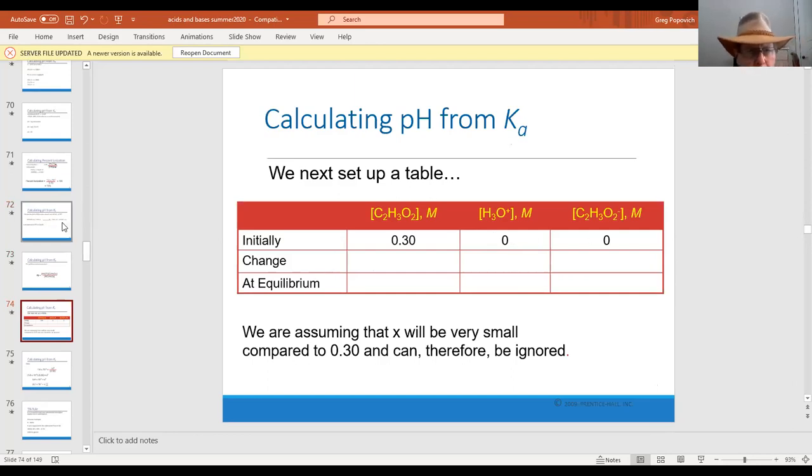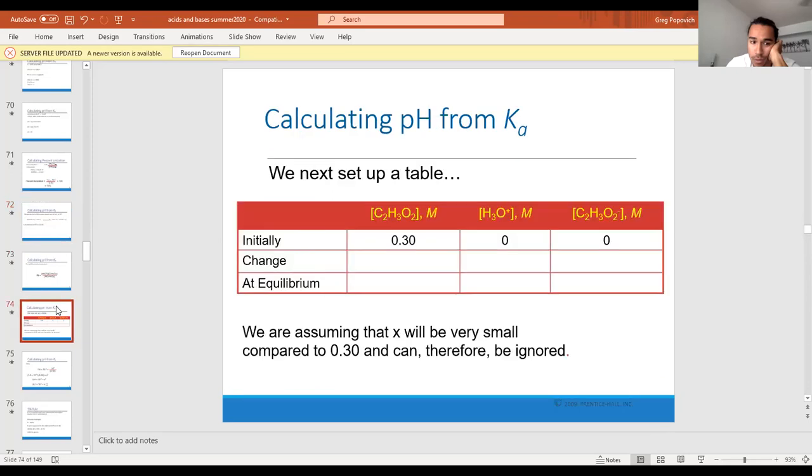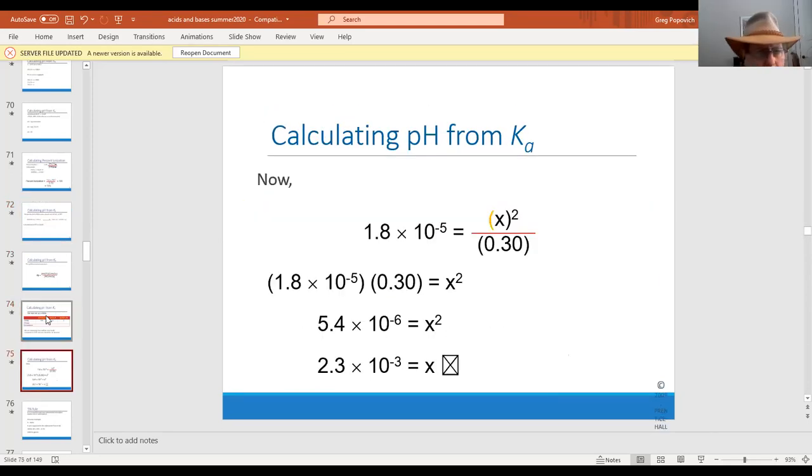At equilibrium, do we know how much H3O or how much C2H3O2 we have, Manuel? We don't. So what are we going to call it? X. If H3O is X, what's the value of C2H3O2? Also X. So I'm going to plug that in.